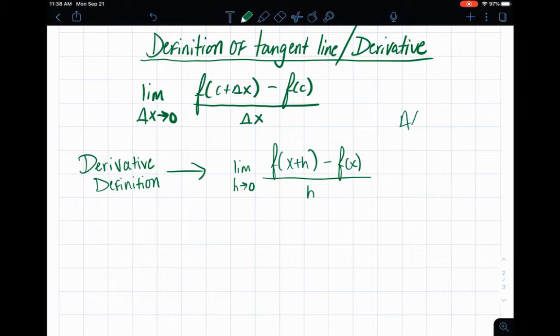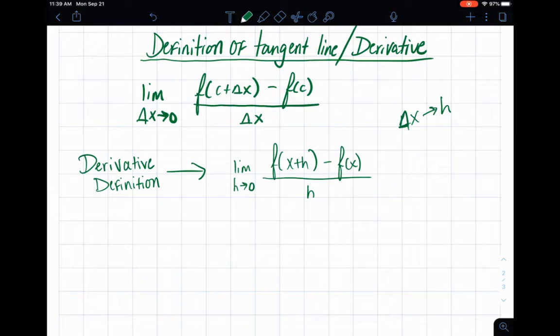So in this case, delta x is h. You can use delta x and write the limit as delta x approaches 0 of f of x plus delta x minus f of x over delta x, but when you use h, it's just one less thing to write. And these are already very heavy in writing when it comes to doing these problems, so leave yourself some space when you're doing your homework.